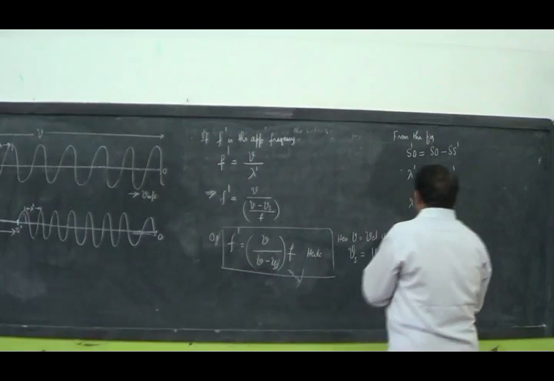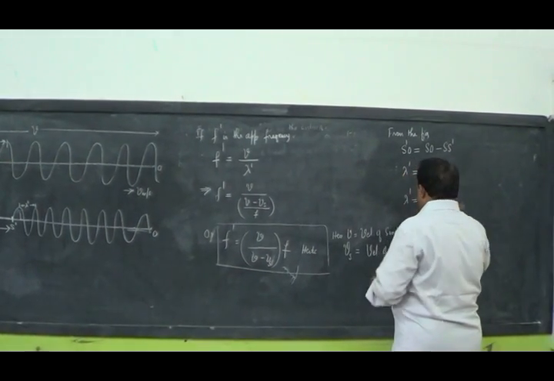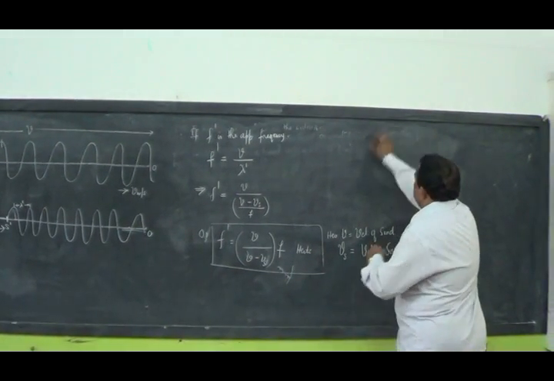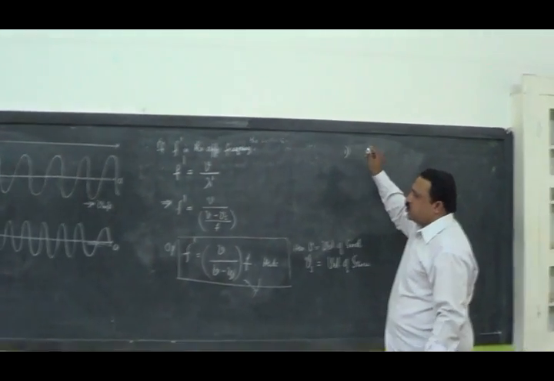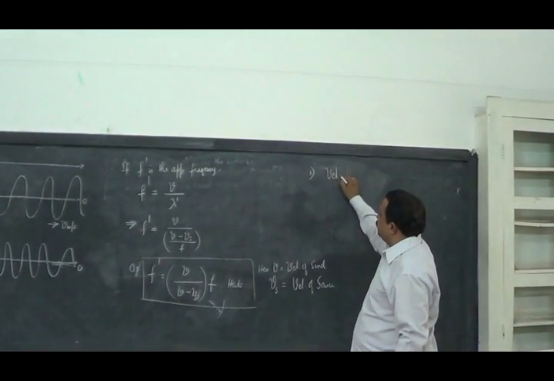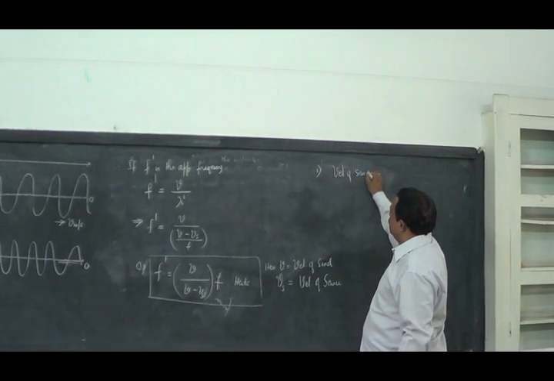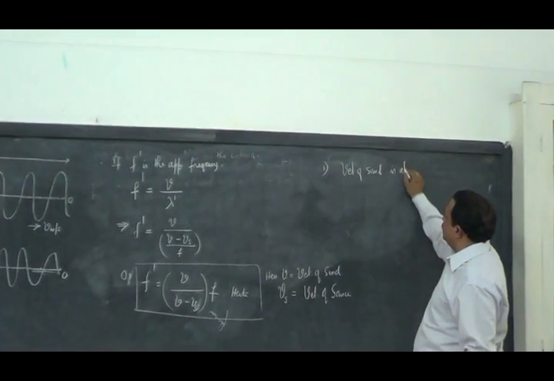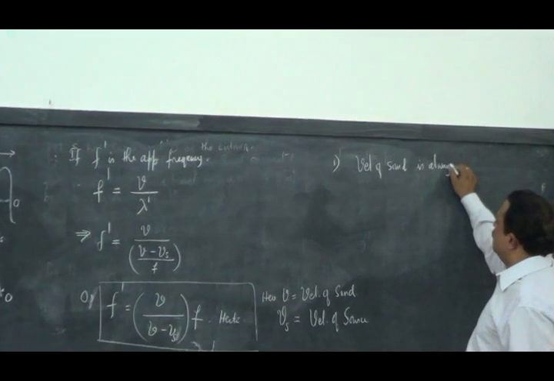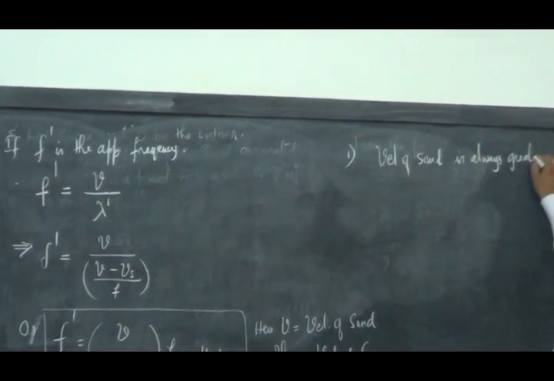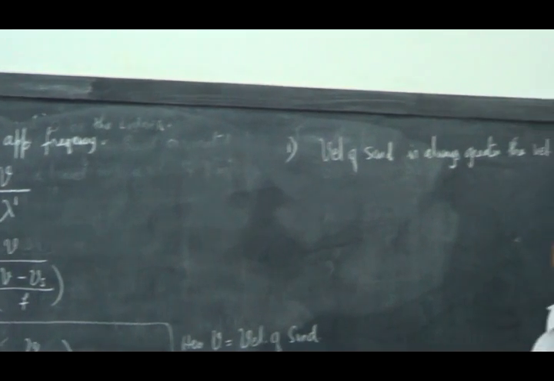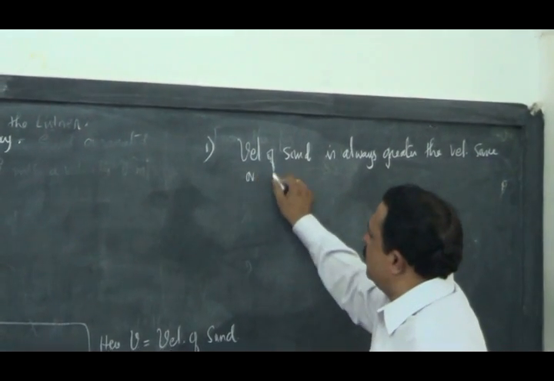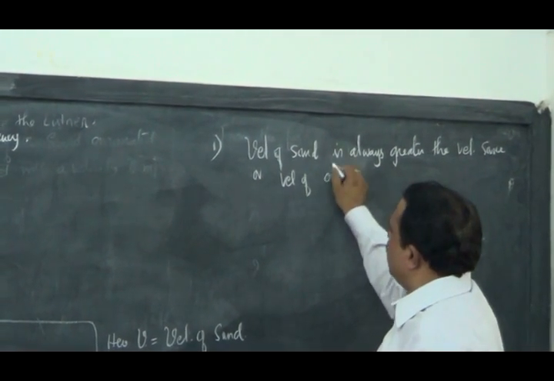Now, in deriving the Doppler effect, we make some assumptions. One of the assumptions is that the velocity of sound is always greater than the velocity of source or velocity of observer.